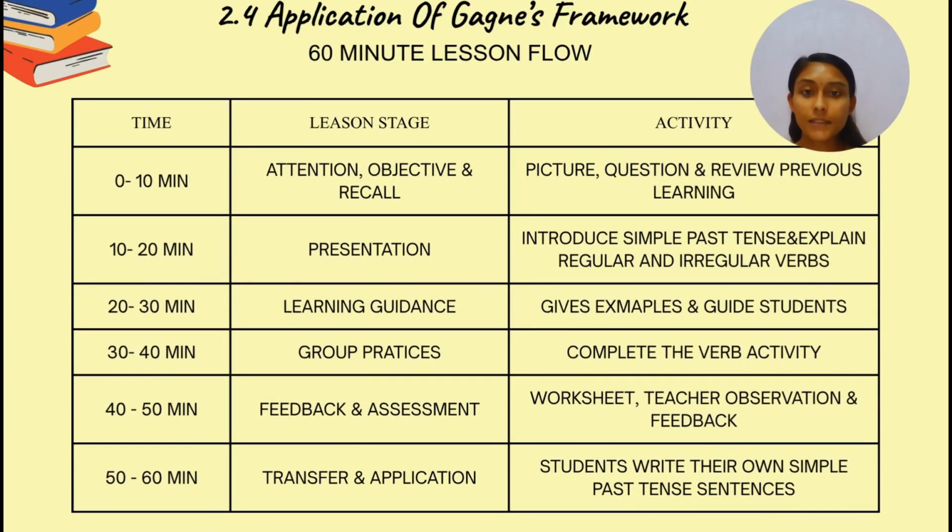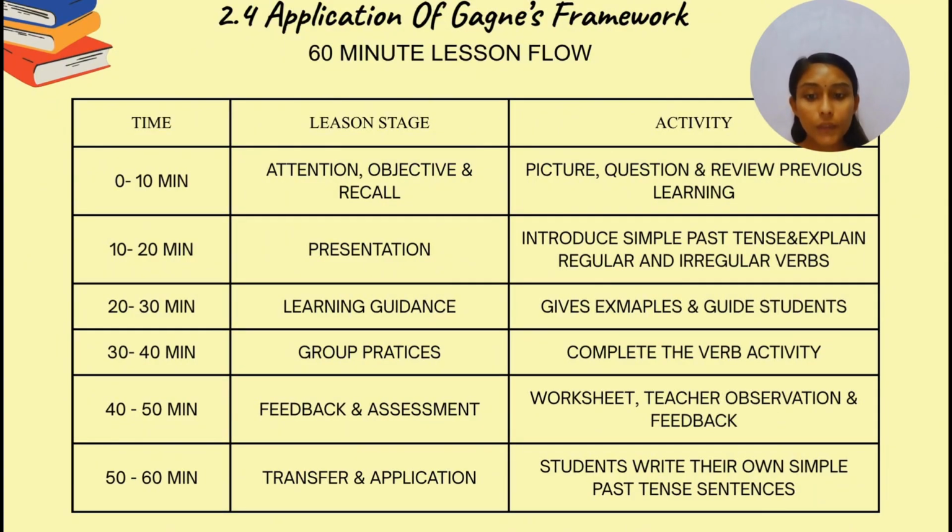Here is the 60-minute lesson flow. During the first 10 minutes, the teacher gains students' attention by explaining the objective and recalling their previous knowledge. From 10 to 20 minutes, the teacher presents the simple past tense and explains regular and irregular verbs. From 20 to 30 minutes, learning guidance is provided with examples and guiding students.